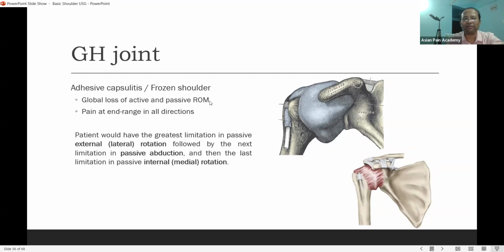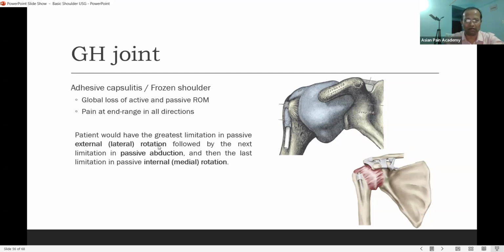Okay, so what happens? Global loss of active and passive range of movement. Neither can you abduct the arm, nor can the patient abduct the arm. Not only abduction, adduction, flexion, extension, all types of movement are lost or reduced, and there is pain at end range in all directions. So if you do full flexion or full extension, there will be pain. But which is the most affected movement?